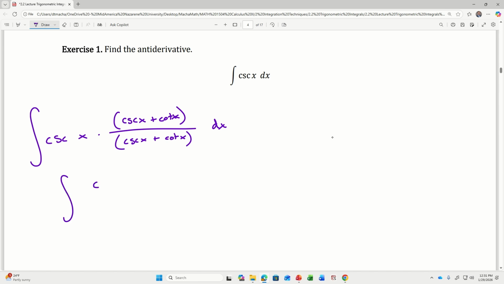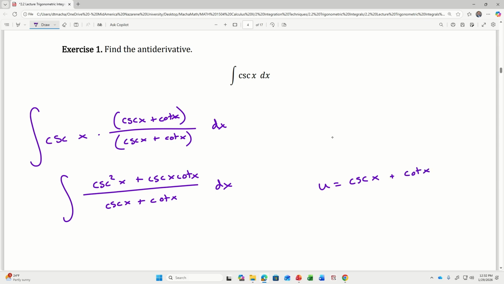And having done so, you'd get something like cosecant squared plus cosecant cotangent divided by cosecant plus cotangent. And what would be your choice of u? Yeah, just choose the whole denominator like we did last time.